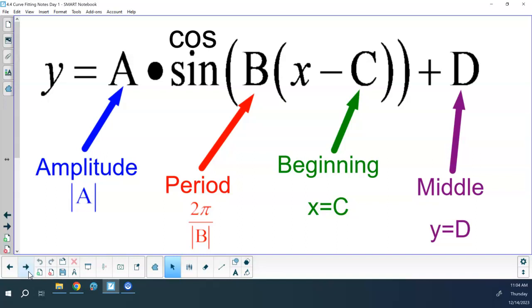C, what does C do? It's the starting point, so it's not a stretch, it's another S word. It's a shift. Yep, it shifts it left and right. What does D do? Shifts it up and down. So A is the vertical stretch, B is the horizontal stretch, C is the horizontal shift, D is the vertical shift.